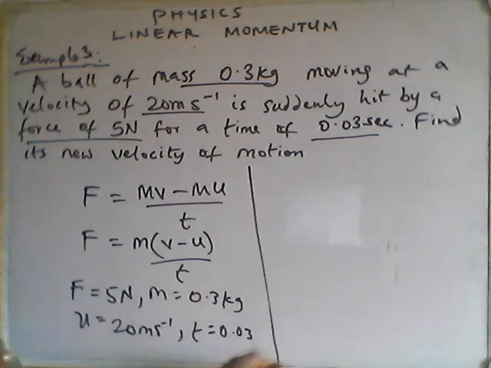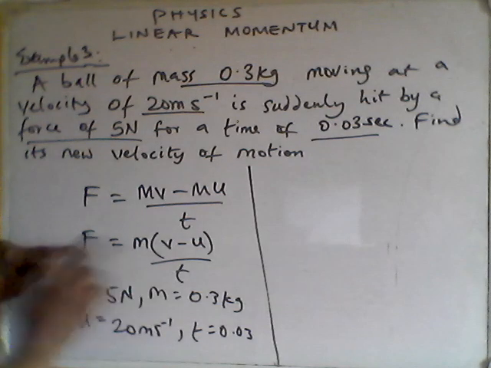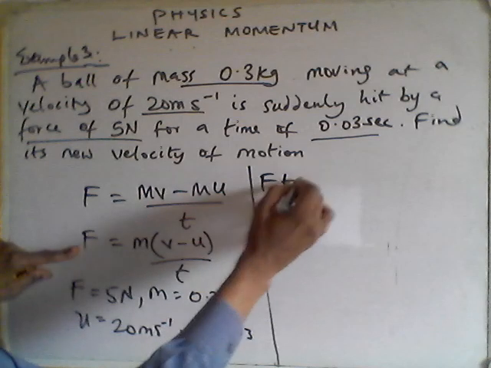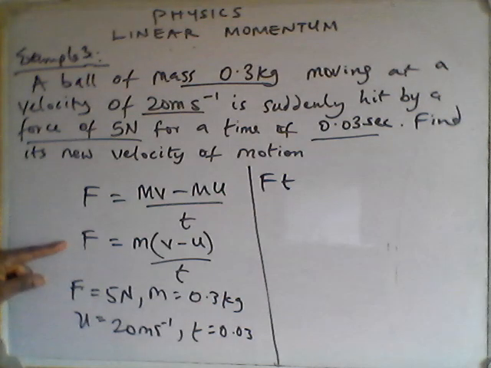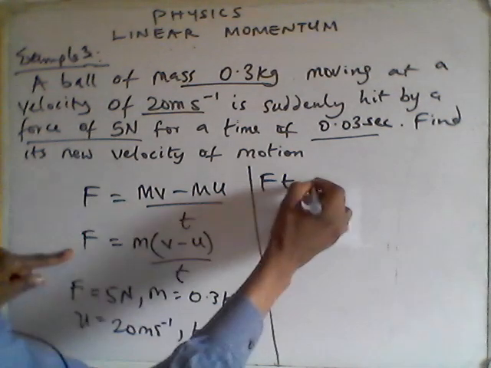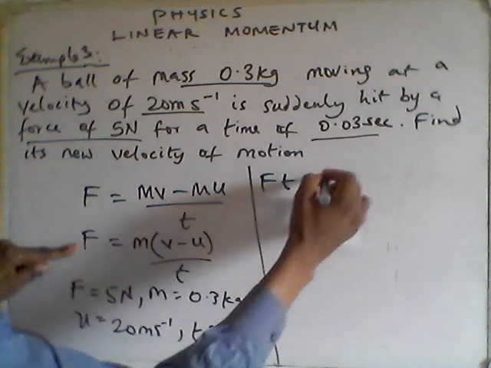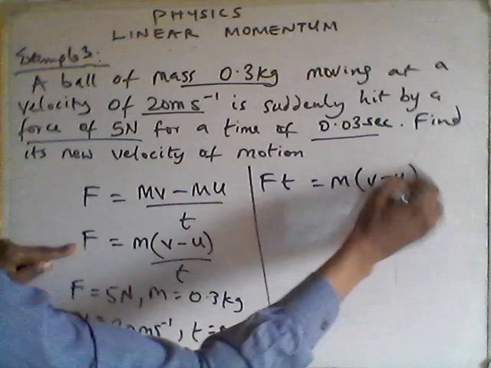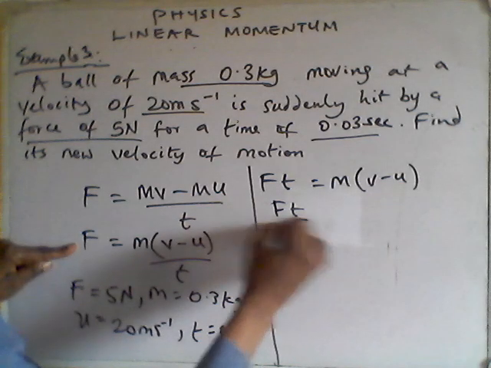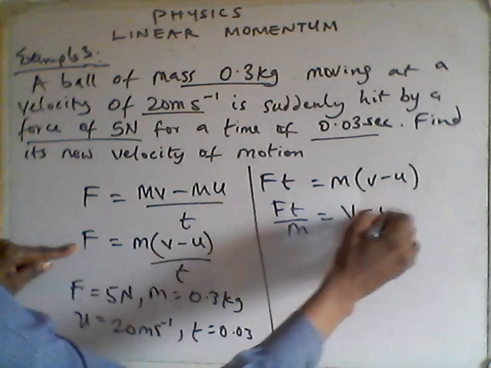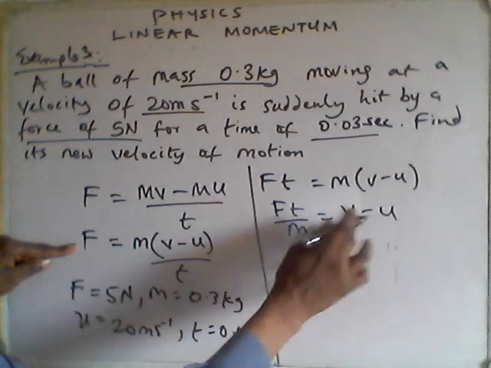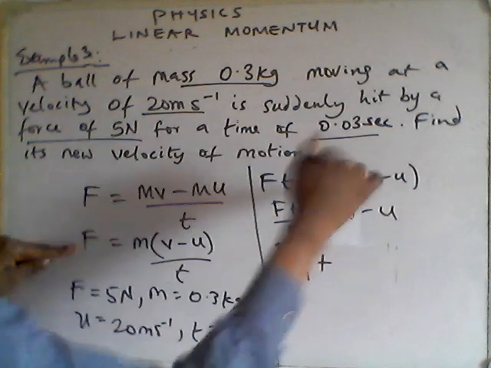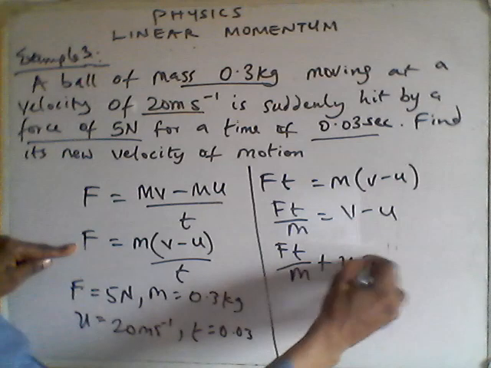So let me make v the subject of the formula. This can come up here. That's force times time, so I have it as Ft. Remember, Ft is impulse. Ft is equal to m times v minus u. Of course, Ft over m is equal to v minus u. So Ft over m, when u comes to this side, becomes plus u, is equal to v.